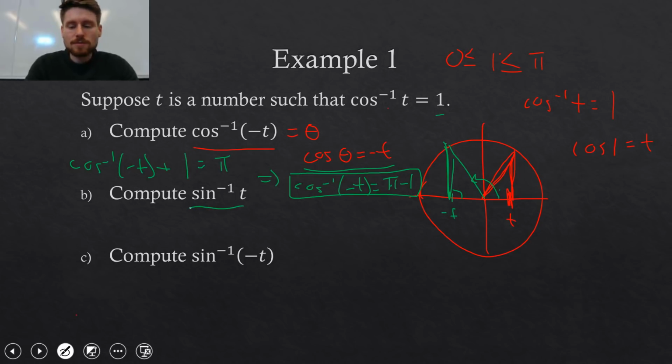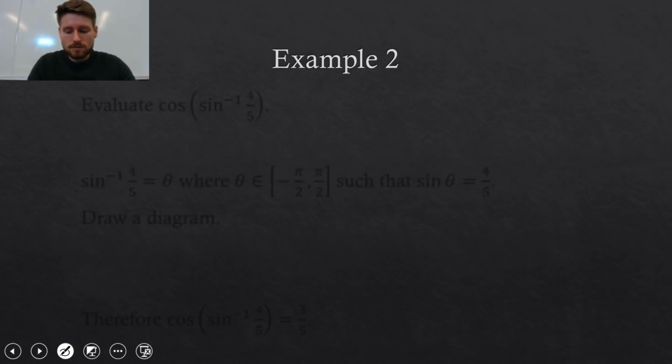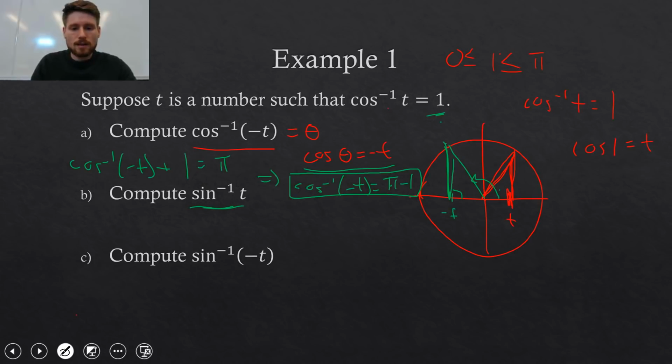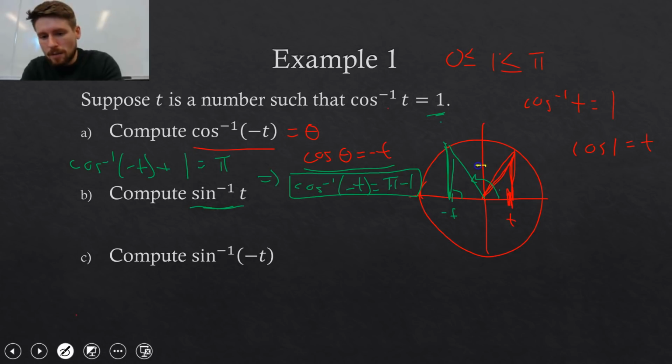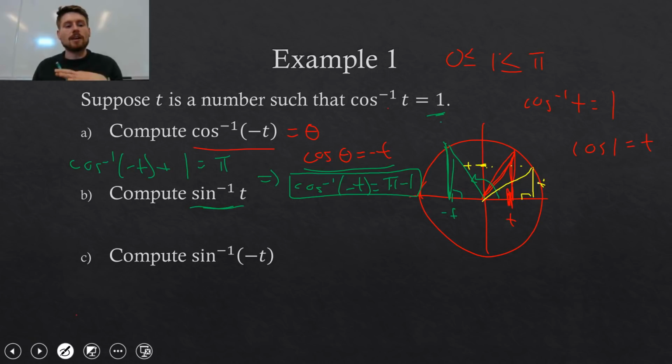To compute sine inverse of t, we remember these guys are complementary angles. So this is complementary to sine inverse of t. If we were to draw this, let's draw in a yellow triangle. Now my y-coordinate is t. So I sketch this triangle in, and this is t, the y-coordinate being t. We've taken that red triangle and tilted it on its side.